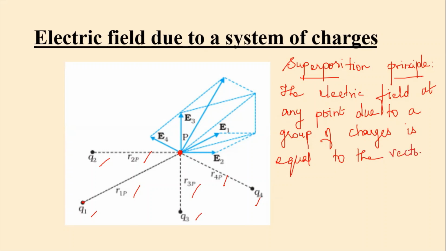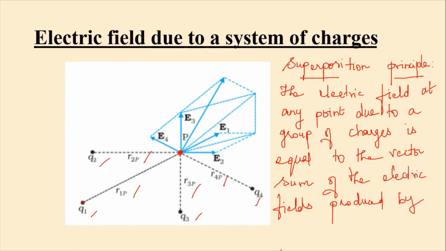Vector, because it is having a direction, right? Vector sum of the electric fields produced by each charge individually at that point.